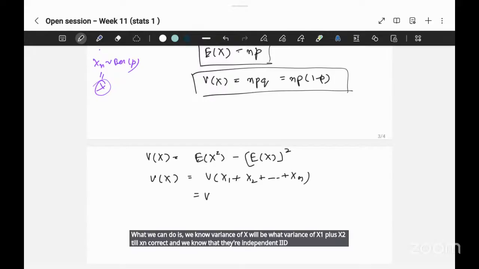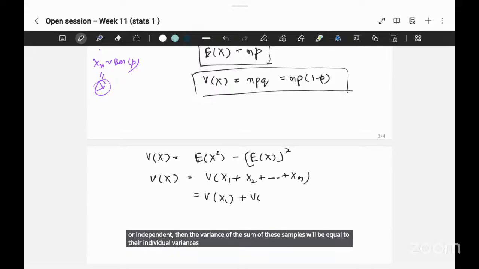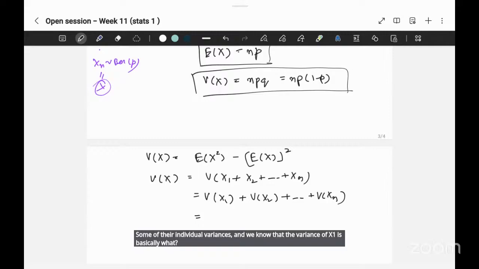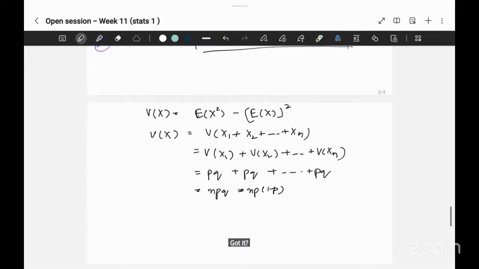I have one rule that if all the samples are IID or independent, then the variance of the sum of these samples will be equal to the sum of their individual variances. And we know that the variance of x1 is P(1 minus P), that means PQ. Similarly, PQ n times, so this will be NPQ, or you can say NP(1 minus P). Got it?